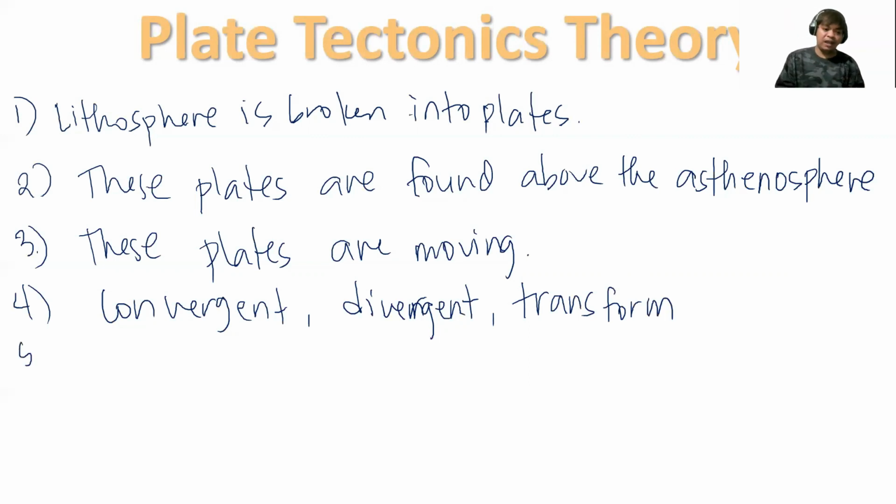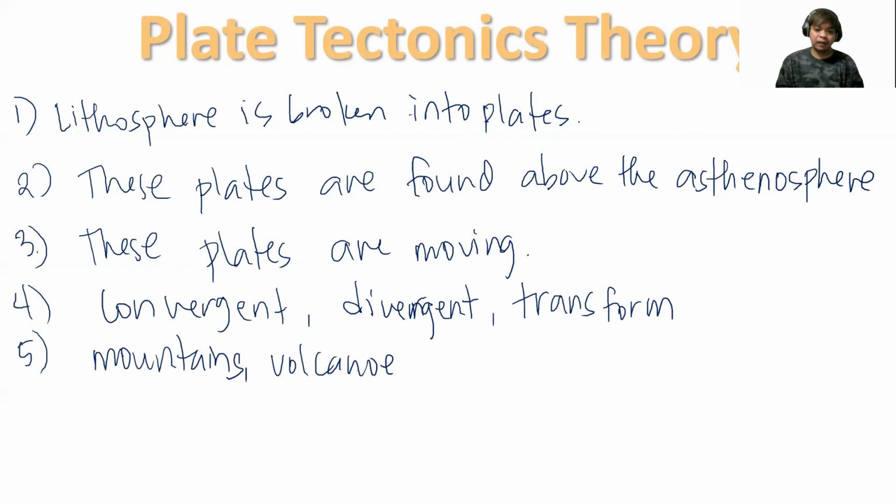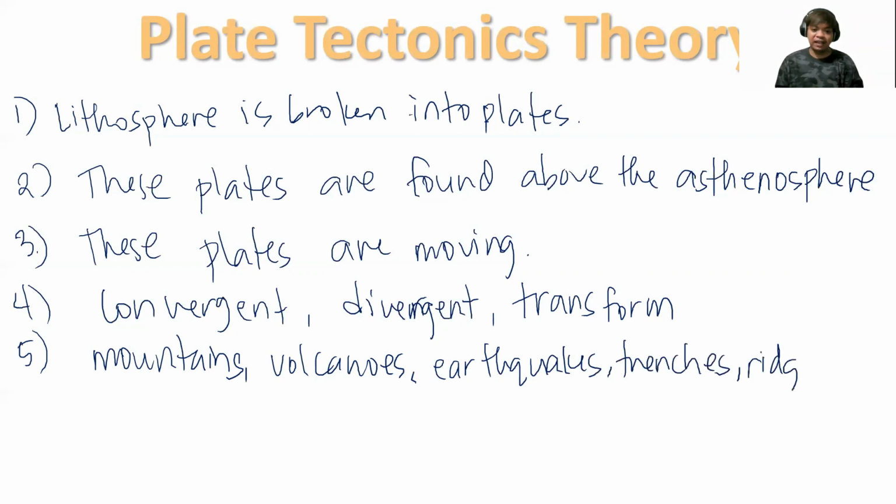We also learned that these movements of plates are the main reasons why we have mountains, volcanoes, earthquakes, trenches, ridges, and rifts, and all the other geologic processes, events, and features that you can see here on Earth.